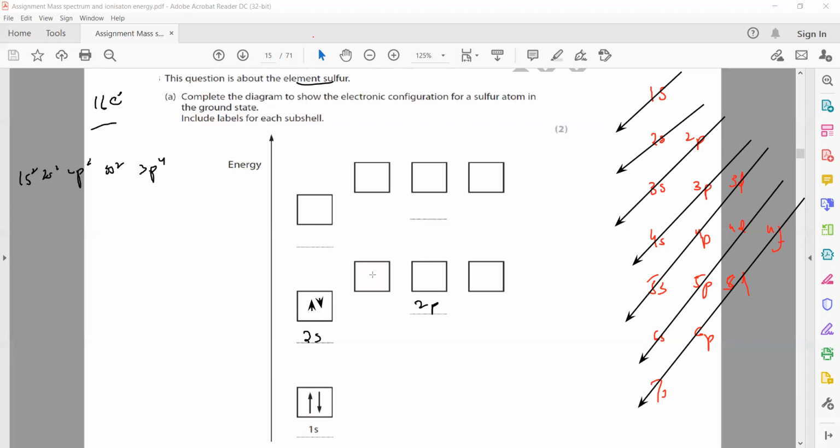Because there are 6 electrons, so 1, 2, 3, 4, 5, 6. And then 3s, which is 1 and 2. And then we have 3p, which has 4 electrons, so 1, 2, 3, and 4. So there are 2 unpaired electrons present in the 3p subshell. Is this clear?